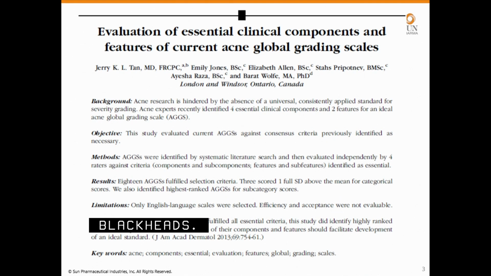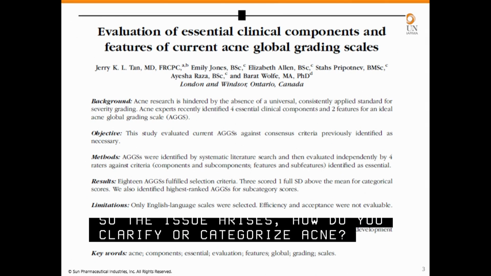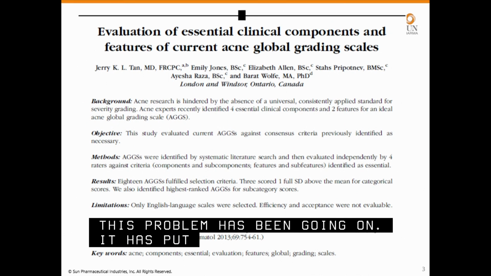So the issue arises, however: how do you classify or categorize acne? And this problem has been going on for probably 30 or 40 years. This is a paper from 2013 that attempted to put together about 13 different papers discussing the potential ways to categorize acne.